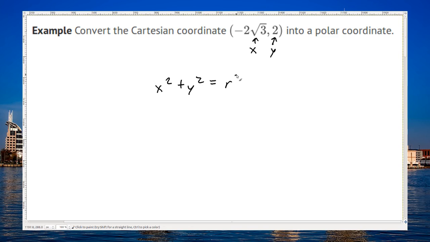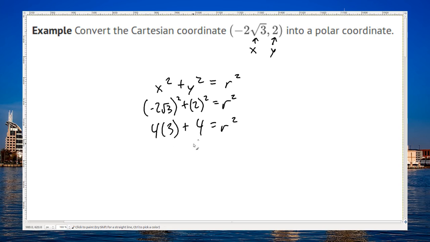x squared plus y squared is equal to r squared. I'll just plug in: negative 2 root 3 squared plus 2 squared is r squared. That would be 4 times 3, since root 3 gets squared, plus 4. 12 plus 4 is 16.